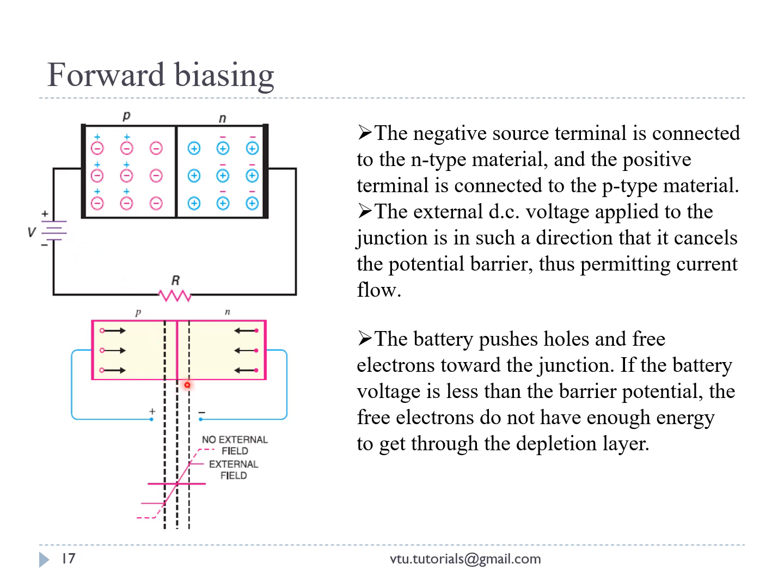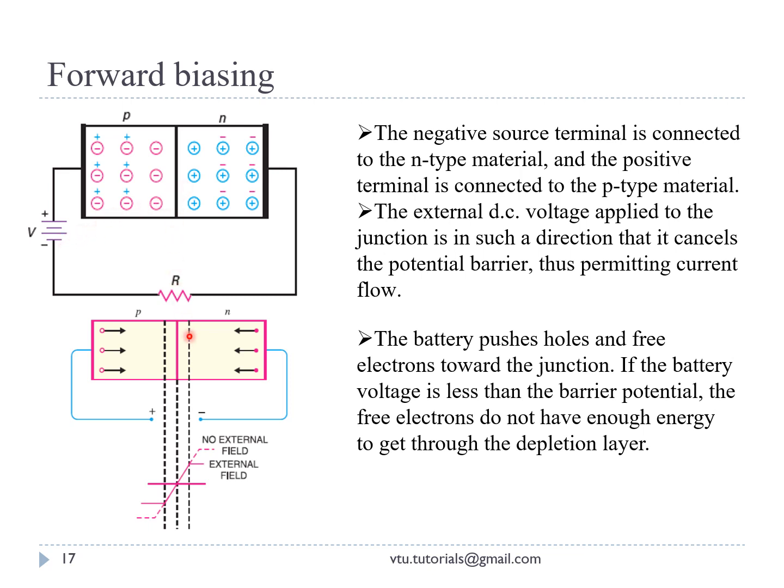The barrier potential V0 will be reduced if we apply the external voltage. The battery pushes the holes and free electrons towards the junction.